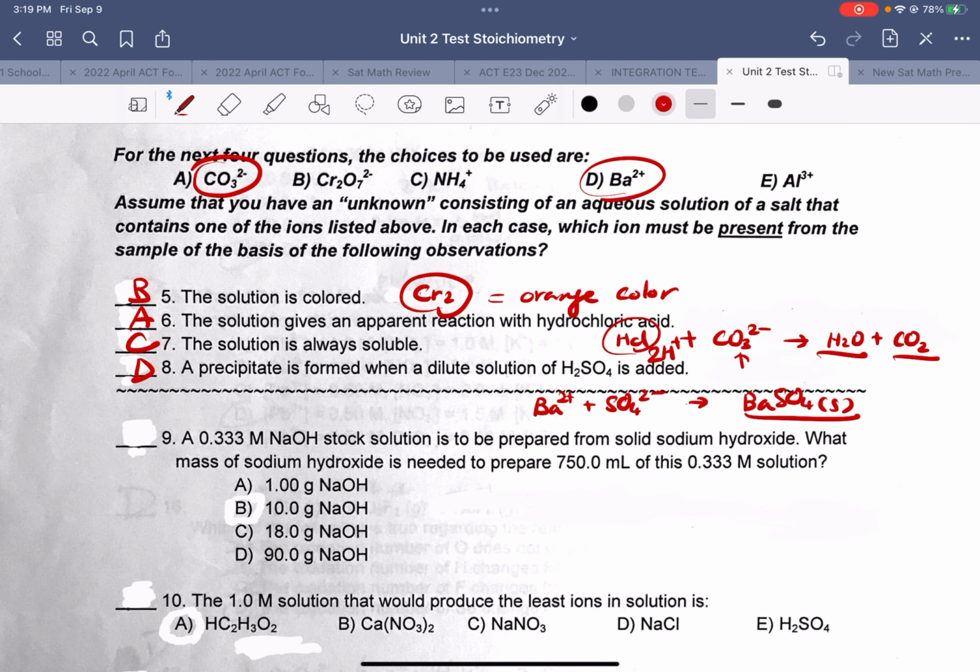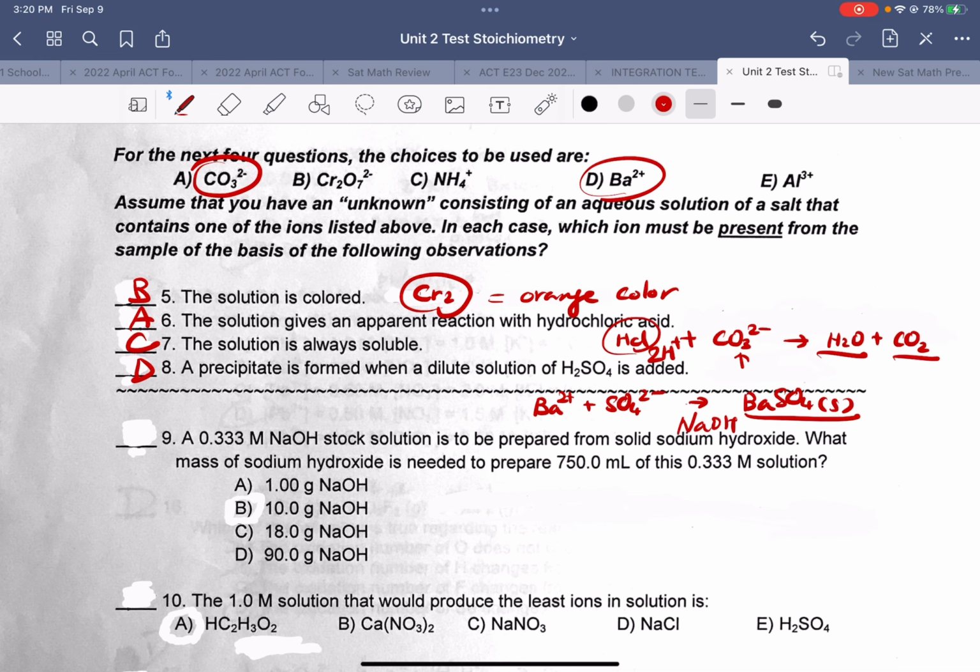Now next one, number 9. A 0.333 molarity NaOH stock solution is to be prepared from solid sodium hydroxide. What mass of sodium hydroxide is needed to prepare 750 milliliters of this 0.333 molarity solution?